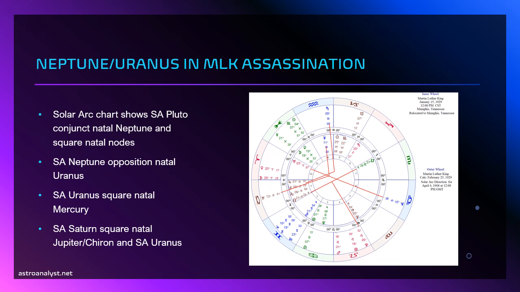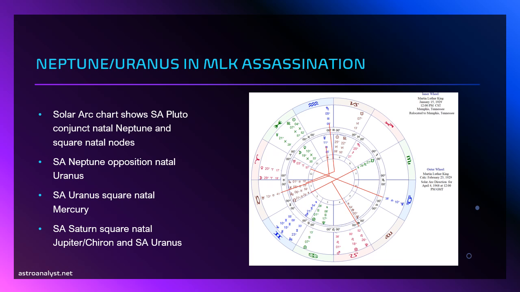So then we have solar arc Neptune, and it is in opposition to his natal Uranus. It's a little bit of a wider orb. You've got Uranus at 3 Aries, and you've got Neptune at 10 Libra, but it is still in opposition, and it's still activated by other things that are going on.